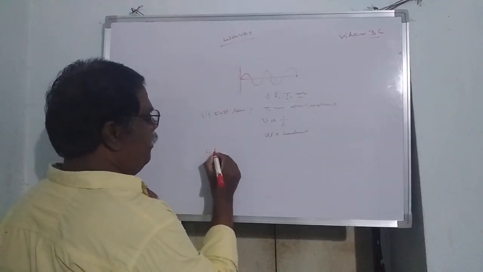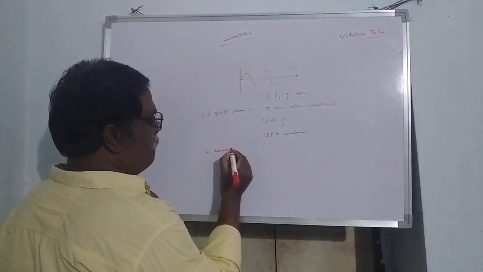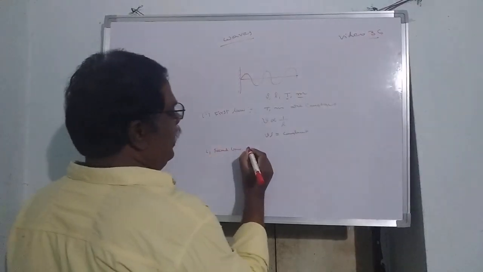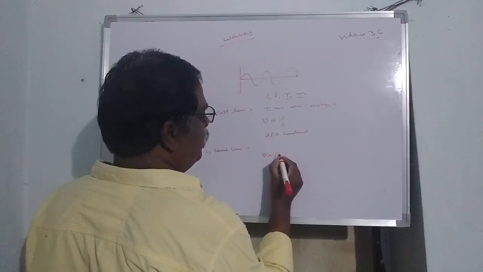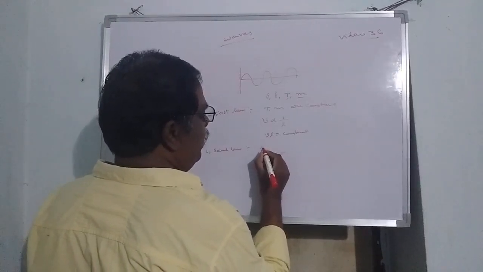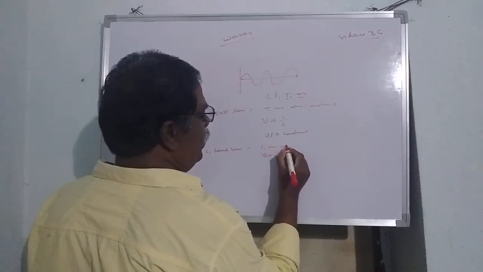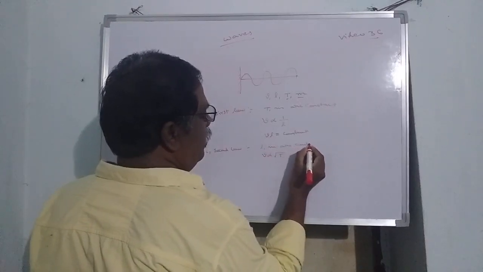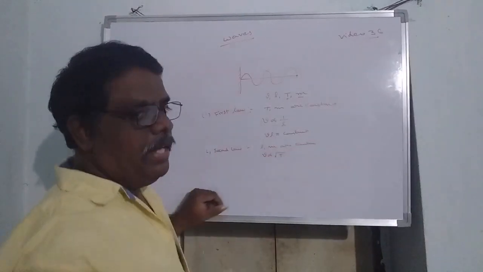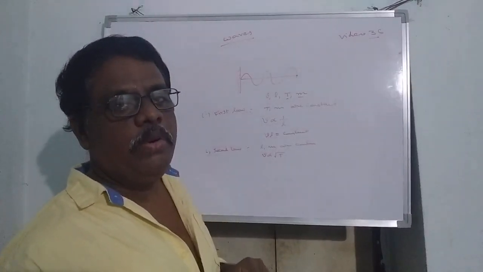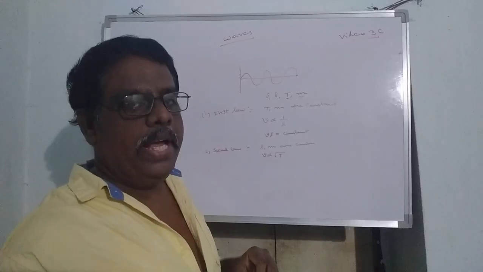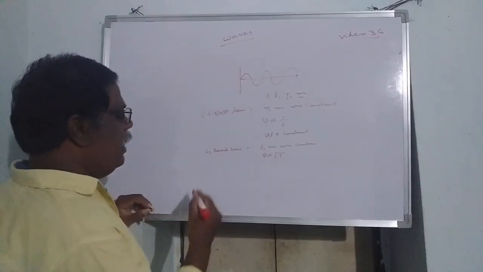Then the second law. Second law: mu is directly proportional to root T when L and M are constant. That means when length and linear density are constant, frequency is directly proportional to the square root of the stretching force or tension. So this is the second law.